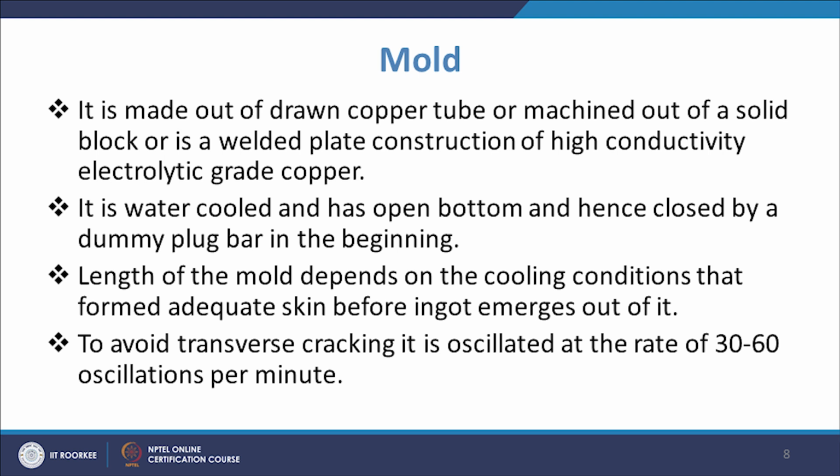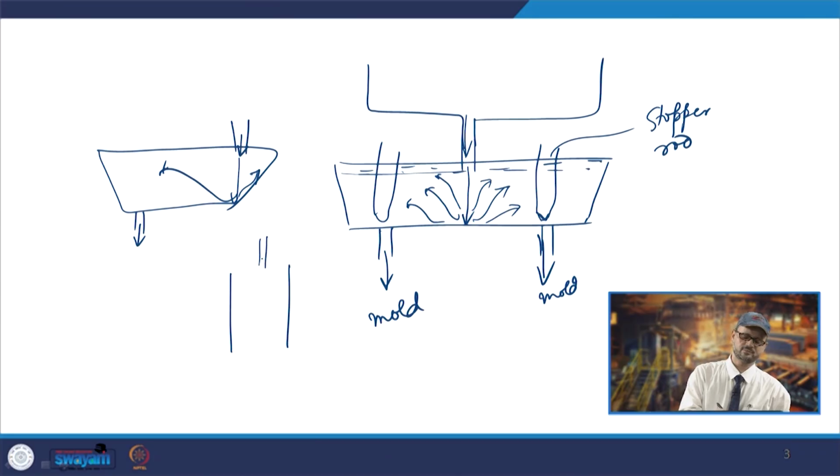So as we have seen, in the case of the mold, when the liquid metal is poured through it, it starts forming the skin, and this skin thickness, the shell thickness, will go on increasing on both sides.